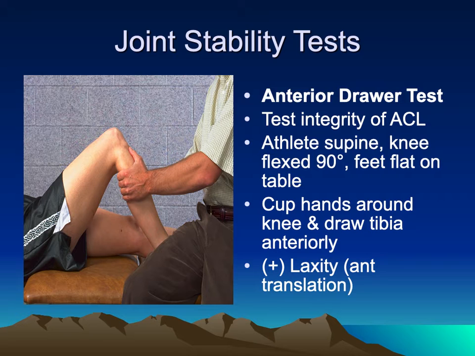Usually sit on the person's foot. We cup our hands around their knee and draw the tibia anteriorly, and the positive sign is the tibia actually moves forward more than the uninjured side. Again, you can see videos if you're interested in this more. Go on YouTube, you can find tons of videos of these things.